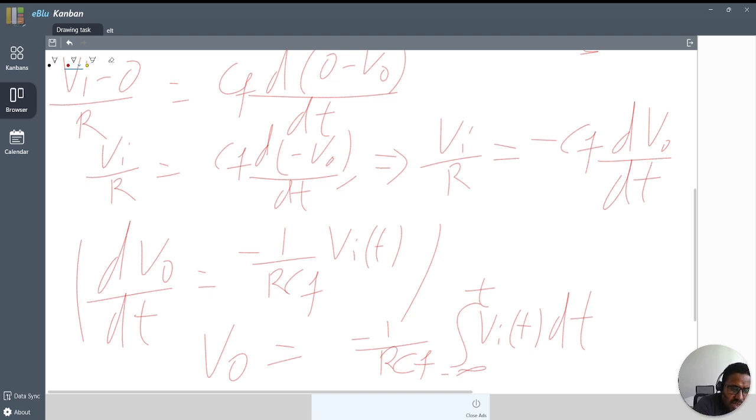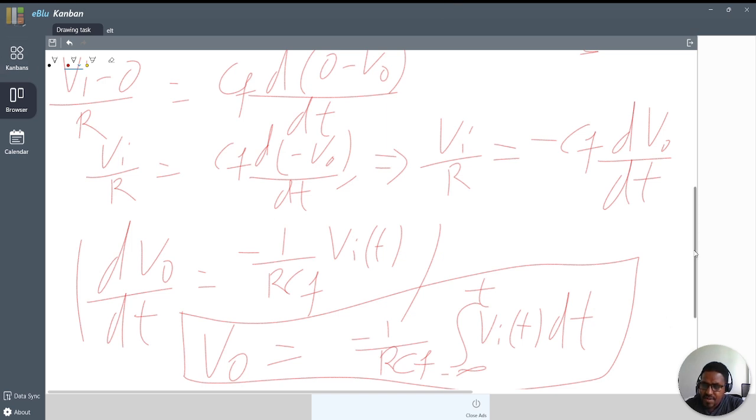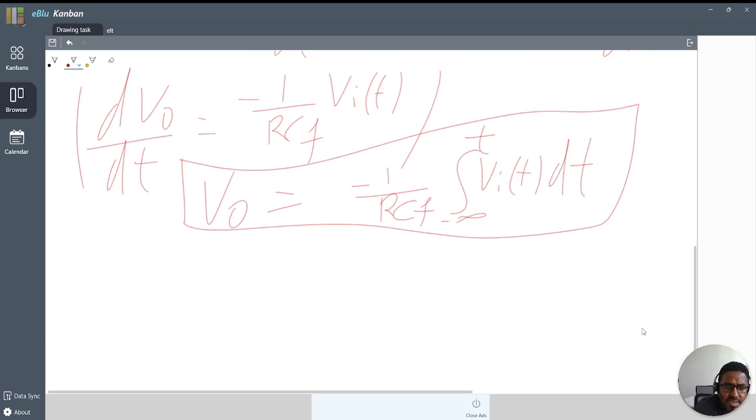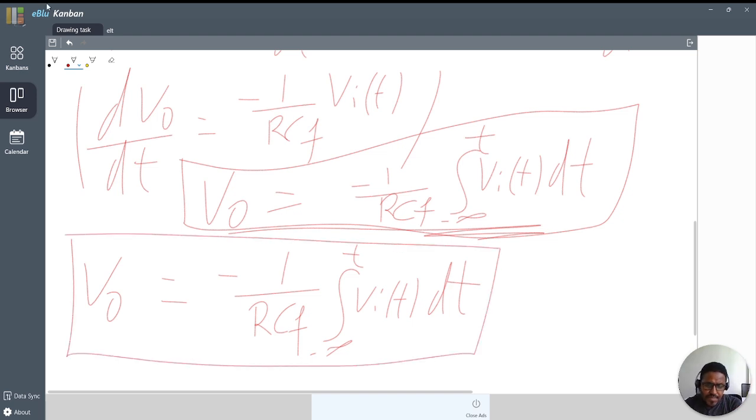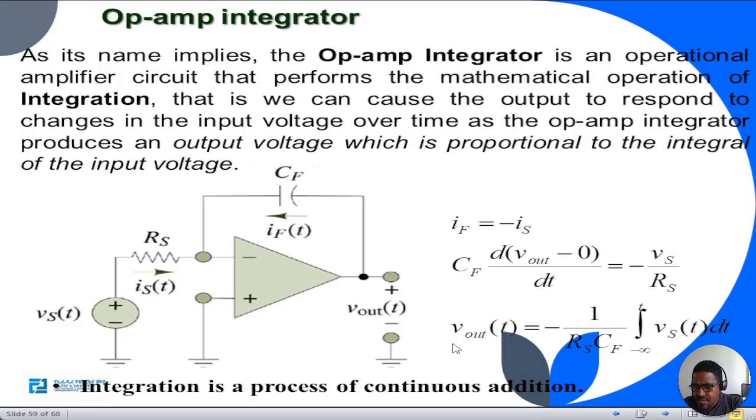So this is our V out for the integrator. To be clear, V out of t becomes minus 1 over R C F, the integral from minus infinity to t of V in of t dt.